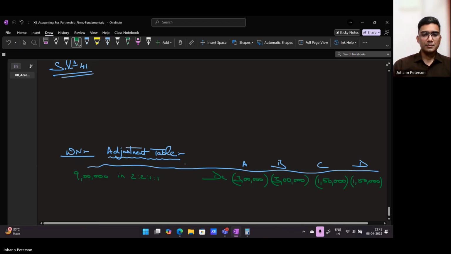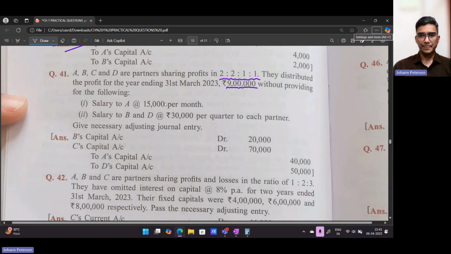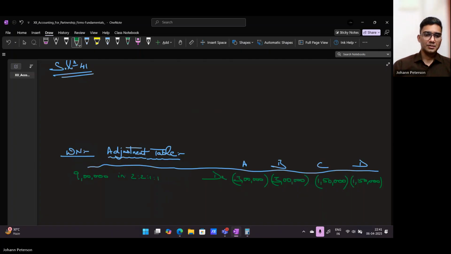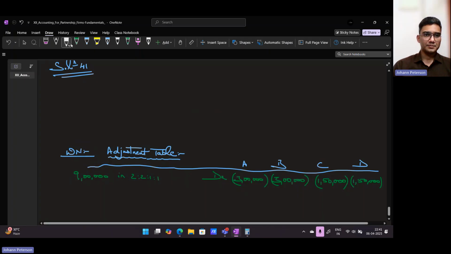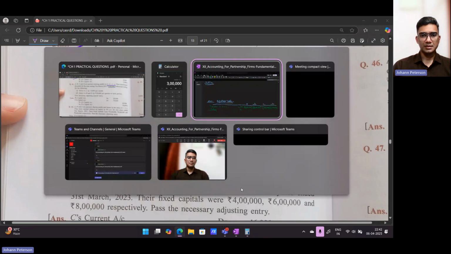Now, we have taken this back. Now let's give things which we are supposed to. So we are giving a salary to A of 15,000 per month. So A's salary. When you give something, you credit the capital account. So it is saying 15,000 per month.